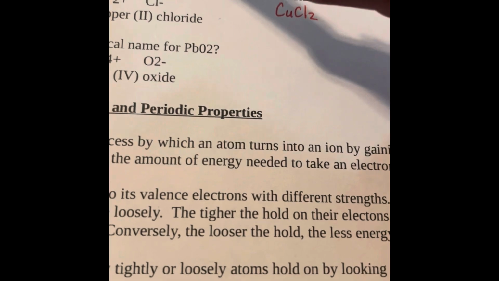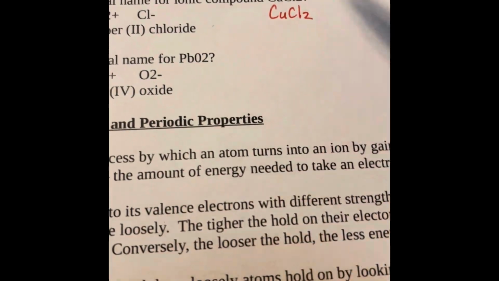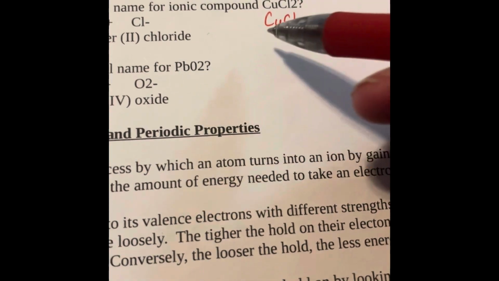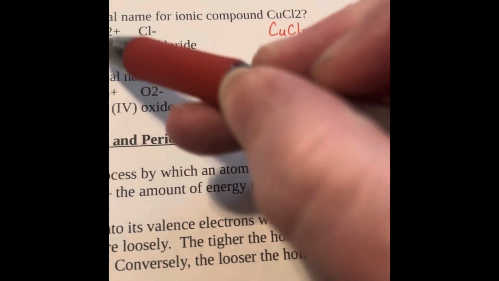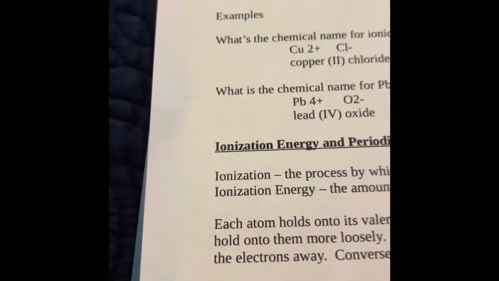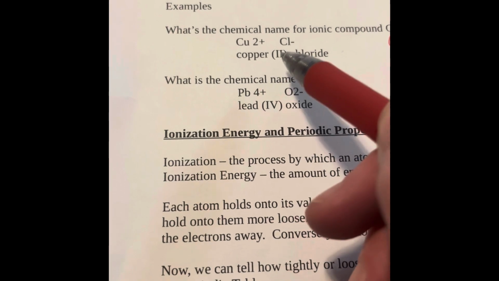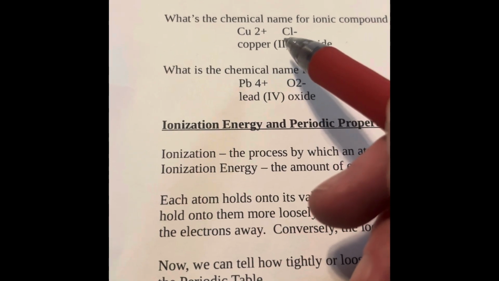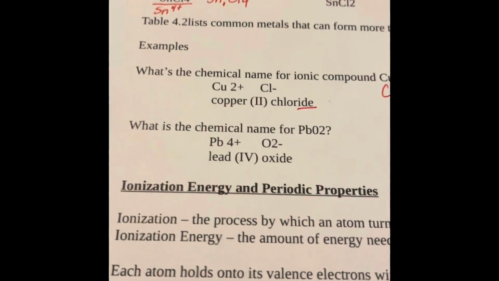I already know from doing these up here that chlorine is a -1, so when I write it, you reverse them. You do the name of the first element. Remember your rules: copper, you have to have the II to show which ion it is. And then you end with your -ide name. So instead of chlorine, it's chloride.